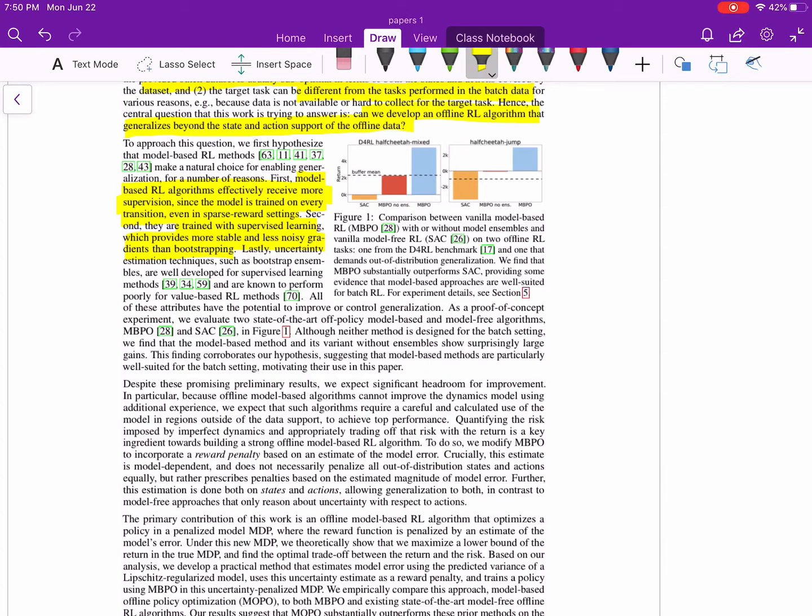And lastly, something called uncertainty estimation techniques, such as ensembles, are well developed for models but are poorly performed for value based RL methods.